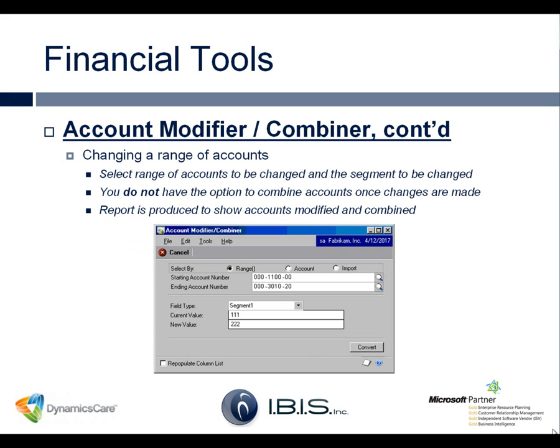To change a range of accounts, you simply select the range to be changed, and then populate at the bottom the field type. There's a current value and new value. Now this screenshot that I included on here, I don't want it to create any confusion. The starting and ending account numbers in the first segment have zeros, so we need to actually change those ranges.